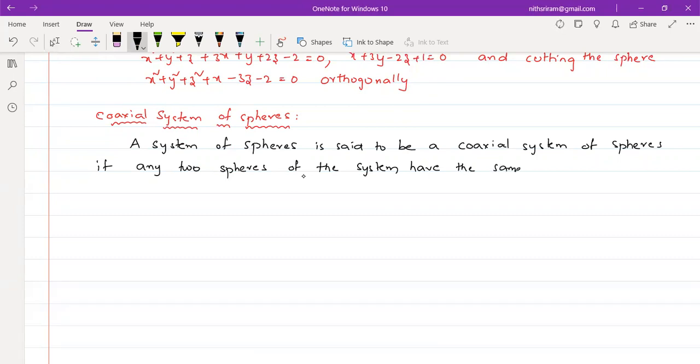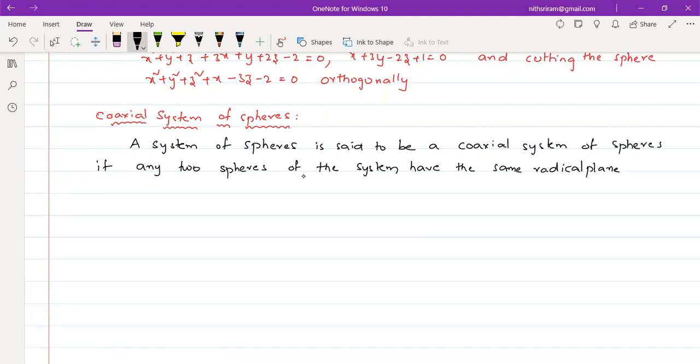So whenever any two spheres of the system have the same radical plane, we say that system of spheres is a coaxial system of spheres.